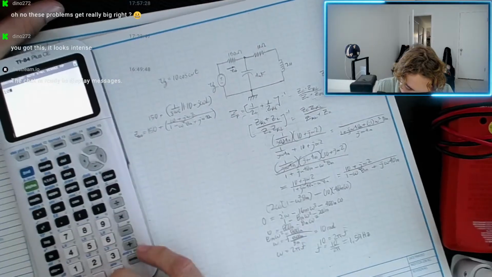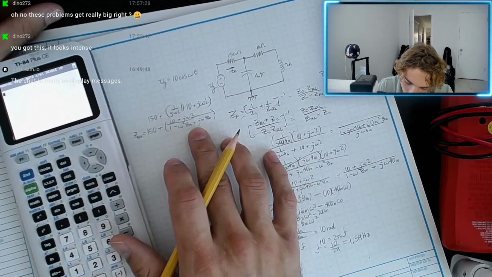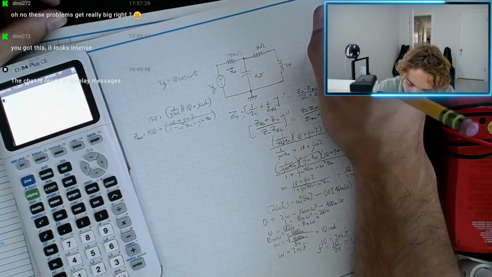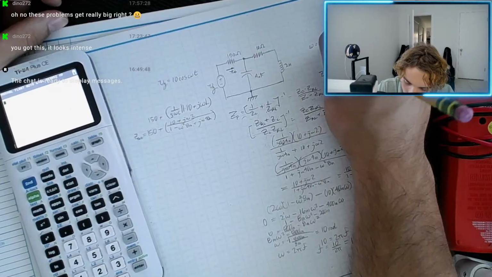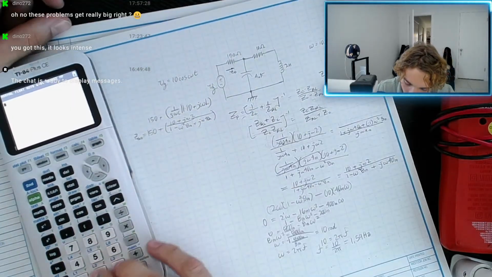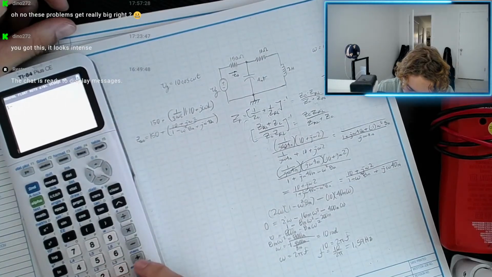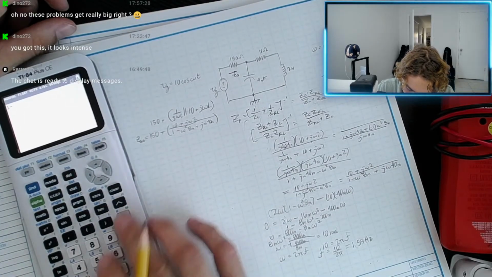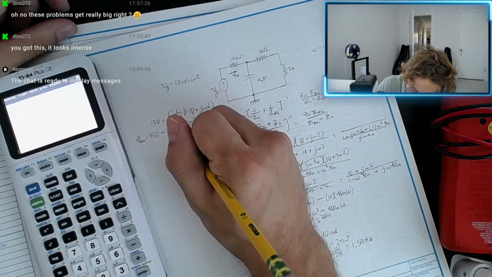Well, omega is 10, right? Omega equals 10. Yeah, that's right. Rad per second is our unit. So 1 minus 0.8 would be 0.2.